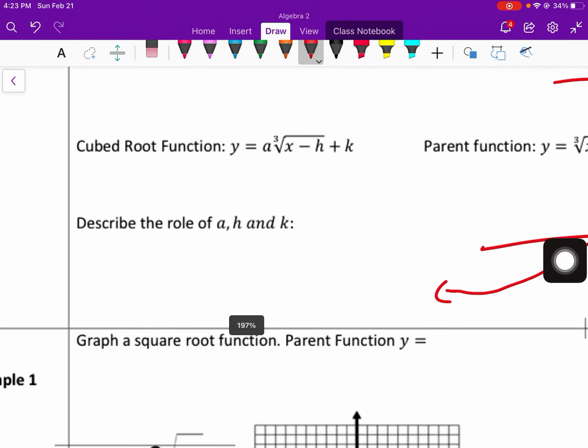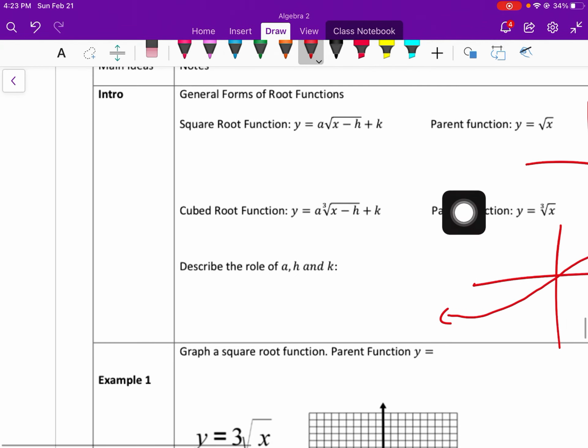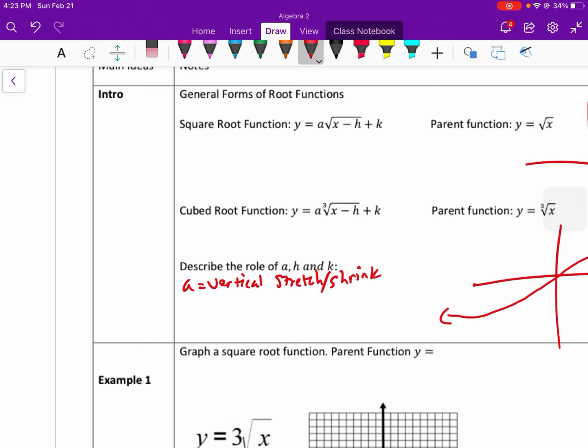We should be familiar with what our a, h, and k will do. H, k. A is a vertical stretch or shrink. H is associated with our x values shifting, and k is associated with y values shifting.